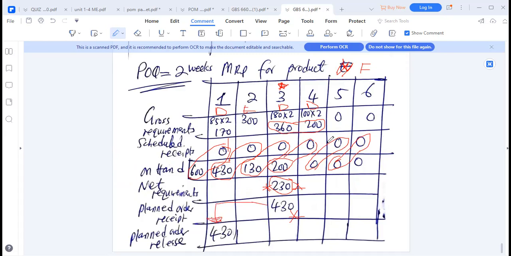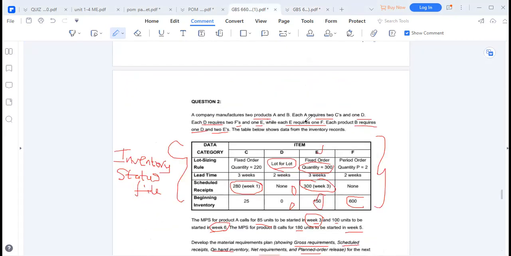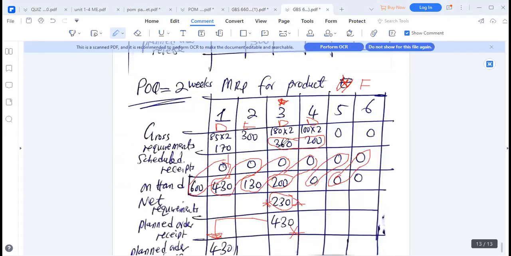So this is an MRP for product F for the question that we are looking at, for this company that manufactures 2 products. So this is how C, D, E, and F are supposed to be prepared concerning this question. So we've gone through the review of this assignment concerning question 2 on MRP.